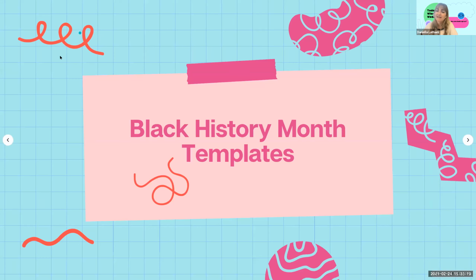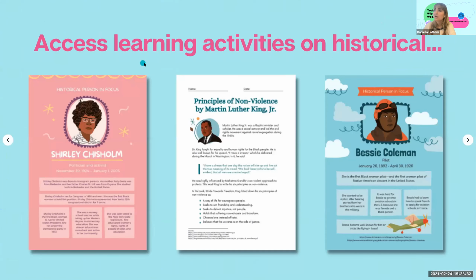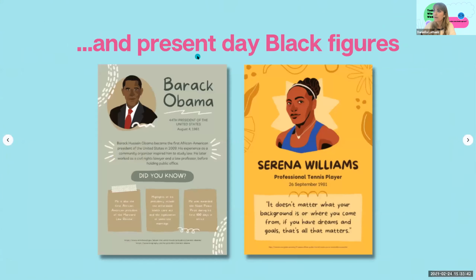Thanks, Kelsey, and thank you again to our amazing guests who did a fantastic job of explaining and modeling those activities. Like I said at the beginning of the session, we've got some amazing templates in time for Black History Month. We've got learning activities about Black historical figures, so posters, and worksheets that you can do to start to learn about them, and also present day Black figures as well.